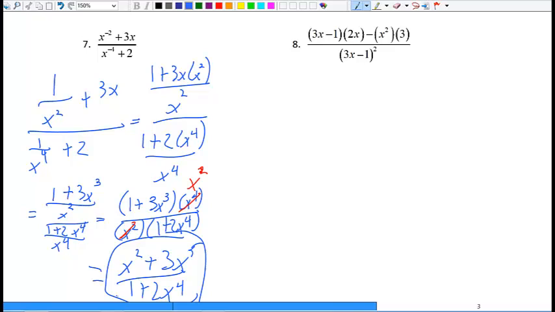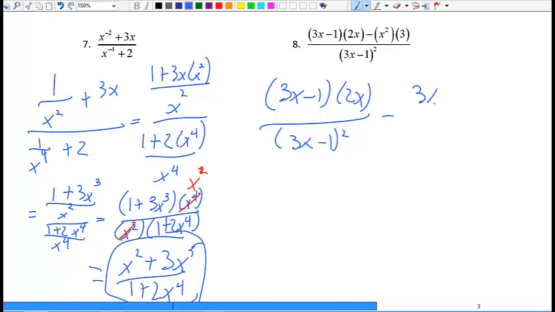Okay, so this is interesting as to what kinds of things we can break up as our fractions go. This is a good illustration of that. I can split this up into two different fractions for this first one. So I can bring that as 3x minus 1 over 2x, times 2x, and then 3x minus 1 squared in the denominator, minus 3x squared over 3x minus 1 squared.